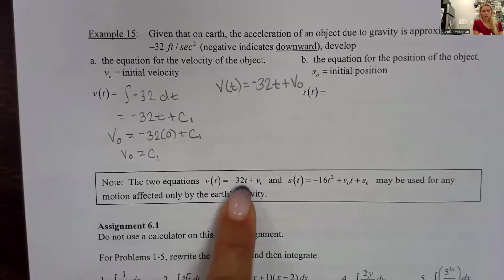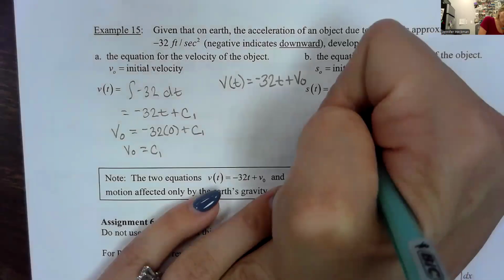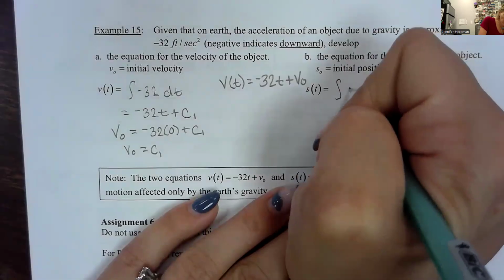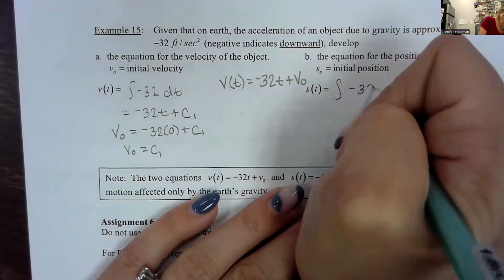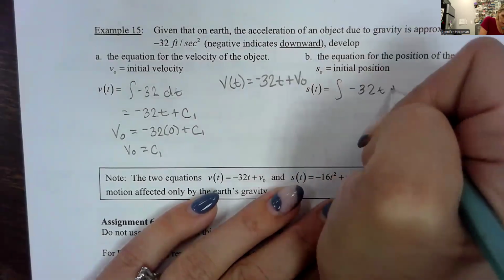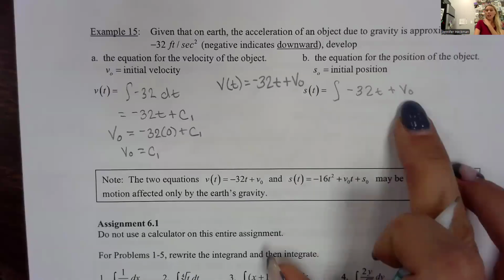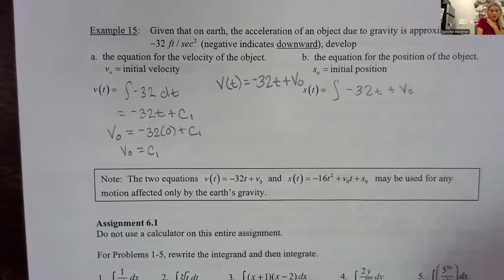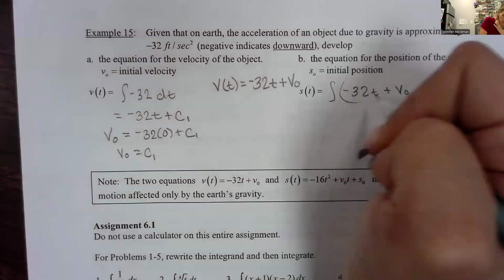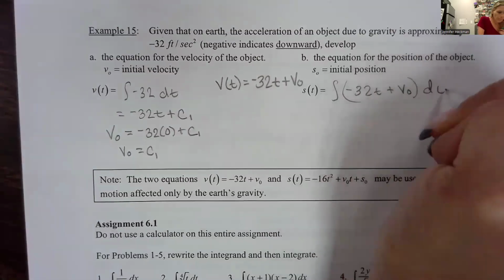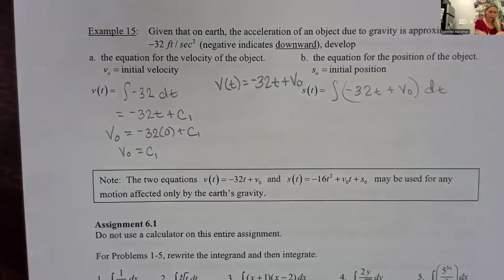Let's do the same thing with the position. So I'm going to take the integral of the velocity. So we have the integral of negative 32t plus v subset 0 dt. Now don't forget, this is a constant. This is a number, okay? All right, so we have power and constant.